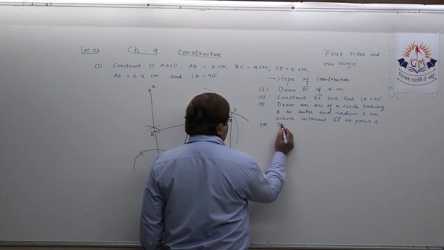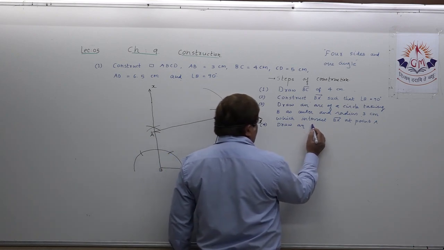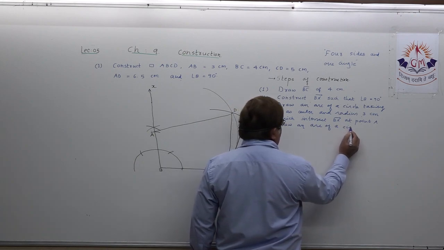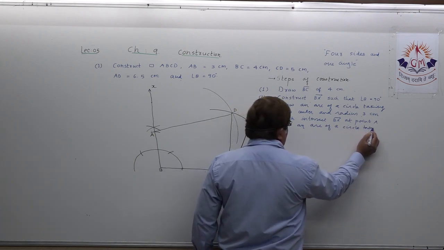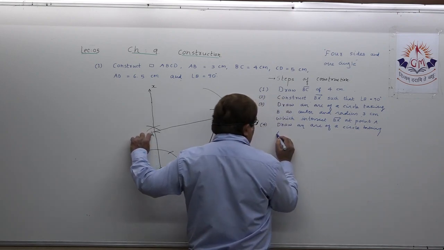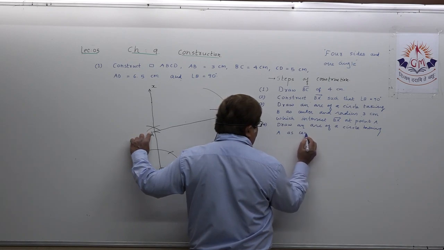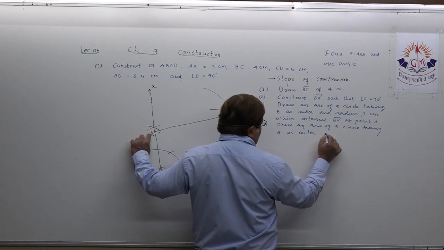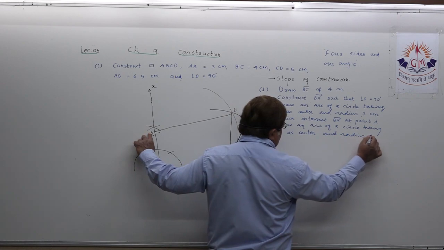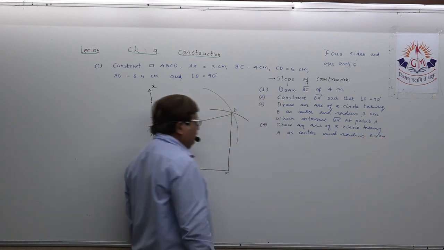Draw an arc of a circle taking A as center and radius 6.5 centimeter.